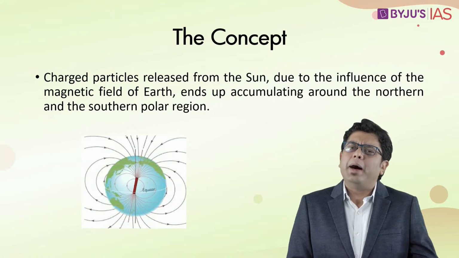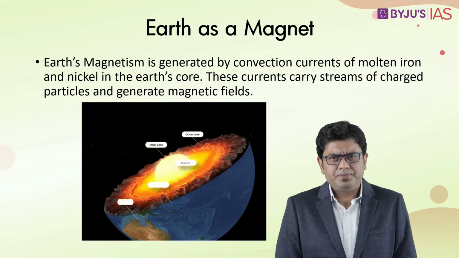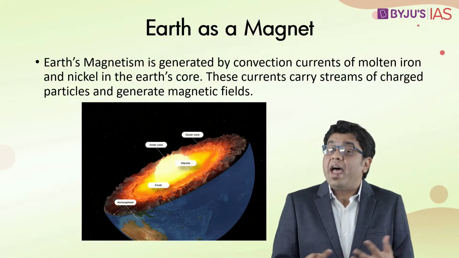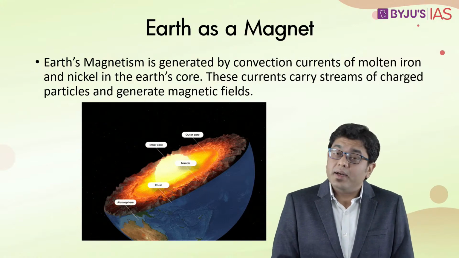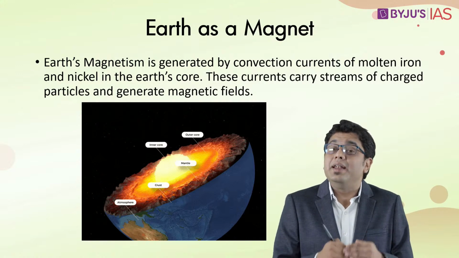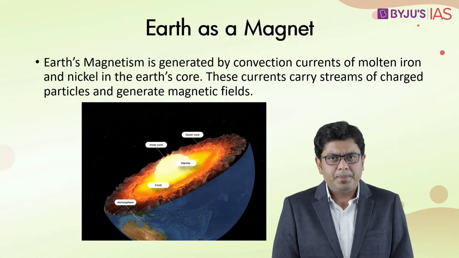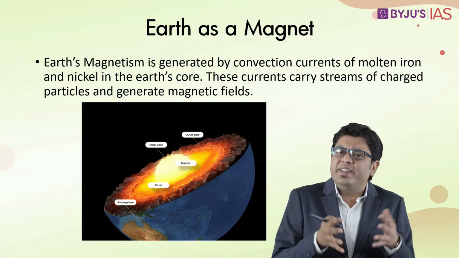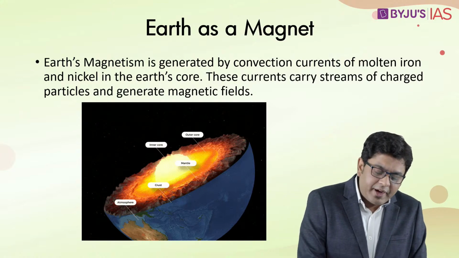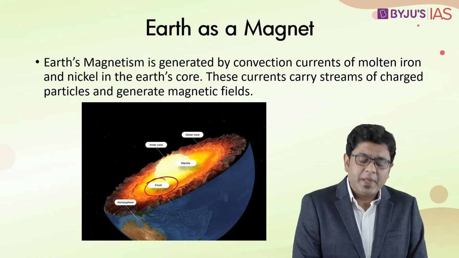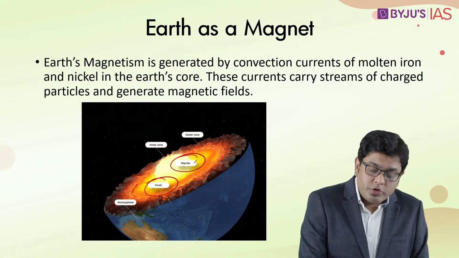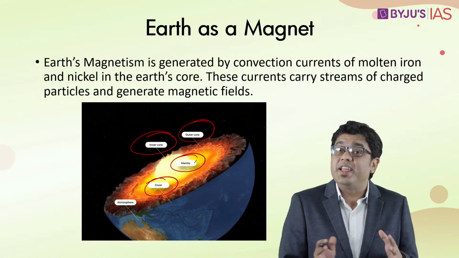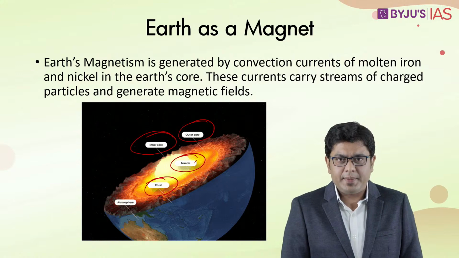So when we talk about Earth as a magnet, what do we mean by it? As we all are aware, Earth has various different layers in its interior. Broadly, it can be classified into a crust, a mantle, an outer core which is in a liquid state, along with an inner core which is generally found to be in a solid state.